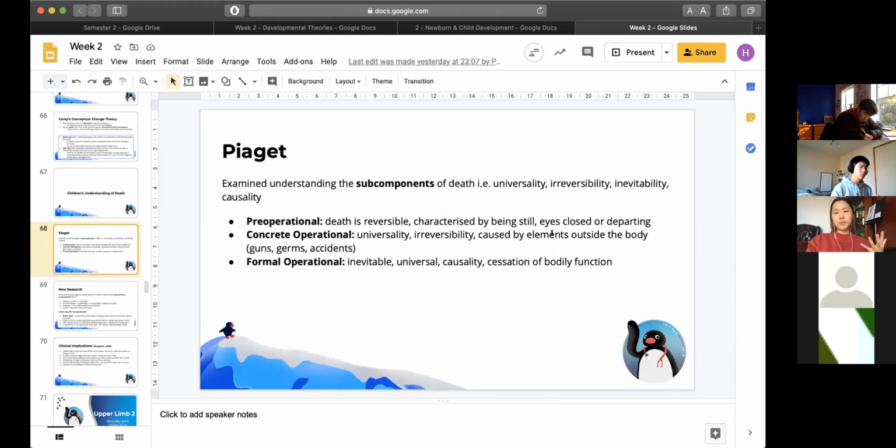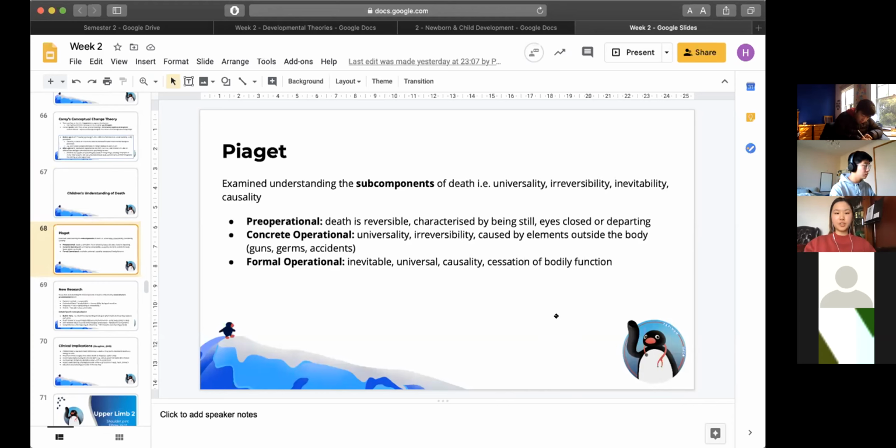It's characterized by being still, eyes closed, or just departing. If they're in the concrete operational period, they'll think it's universal, irreversible, and caused by elements outside the body: guns, germs, accidents, and so on. If they're in the formal operational period, they'll recognize that death is inevitable, universal, and basically a cessation of bodily function.